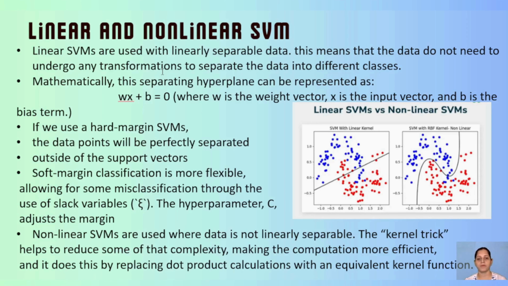In the case of non-linear SVMs, what we understood is the kernel trick, or the kernel function, right? The kernel function helps to understand the complexity present in those data points, and handling those data points becomes easier with that. What exactly is it doing?